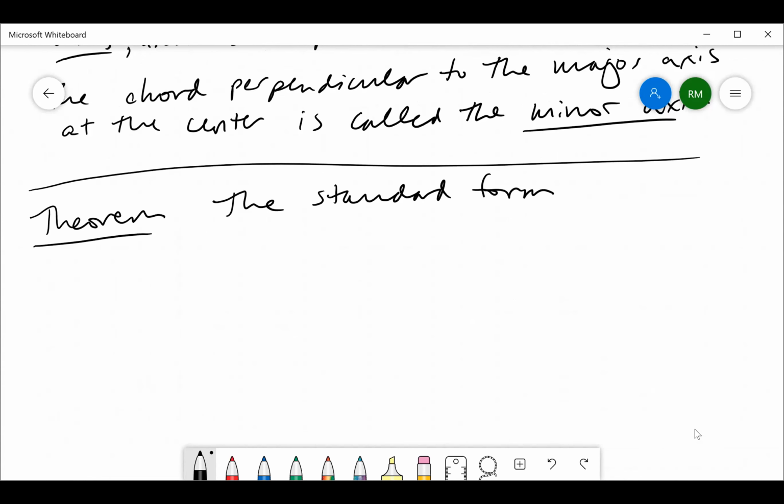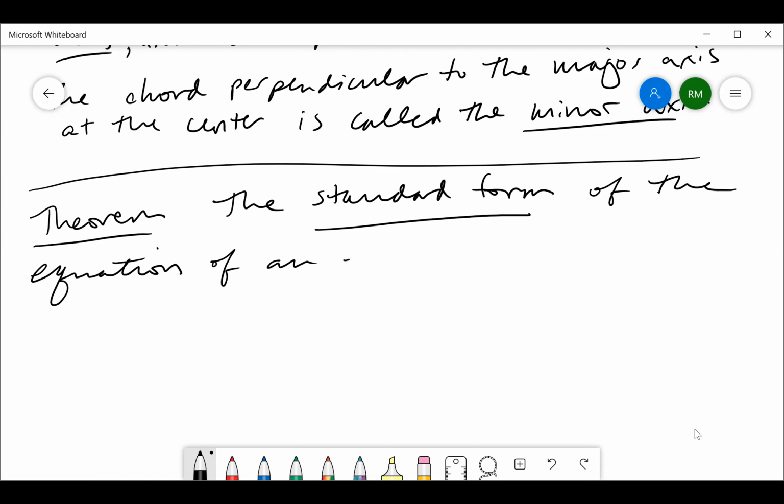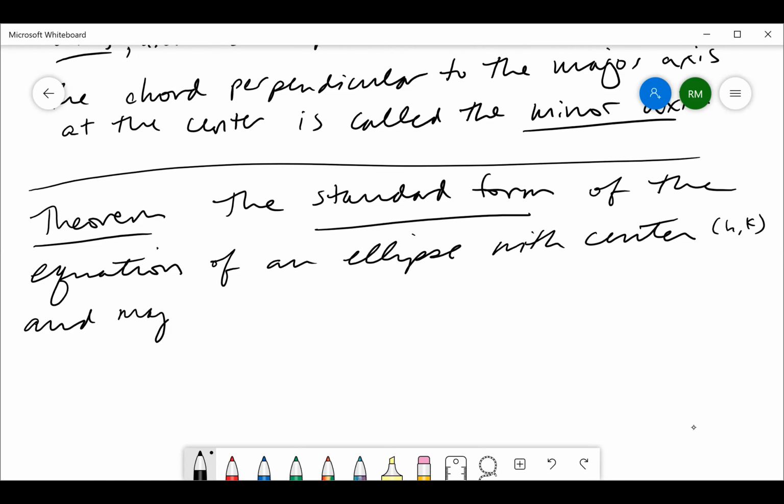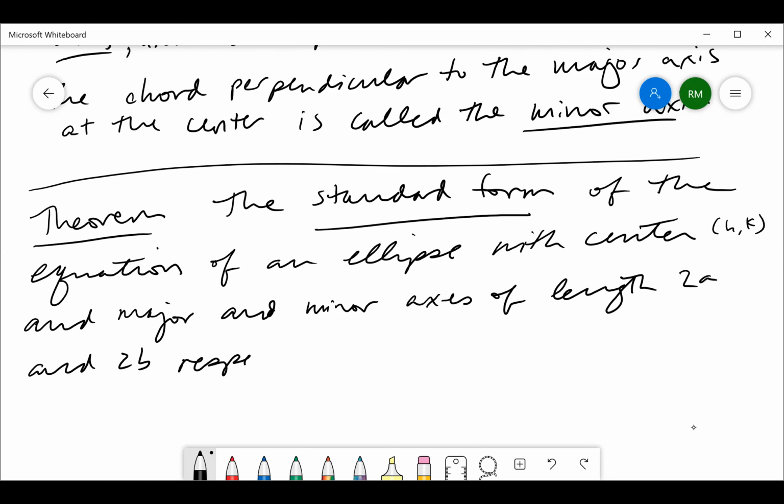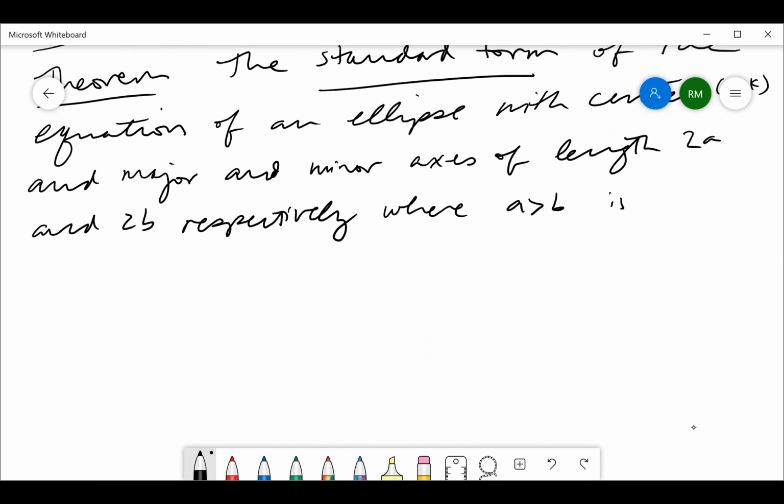The standard form of the equation of an ellipse with center (h, k) and major and minor axes of length 2a and 2b respectively, where a is bigger than b, is we have one of two possible forms.